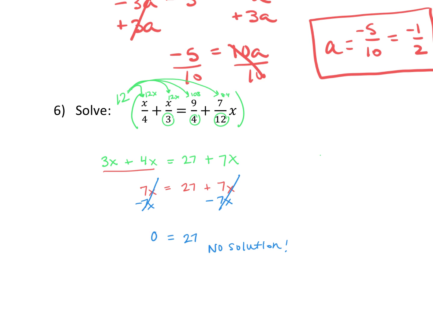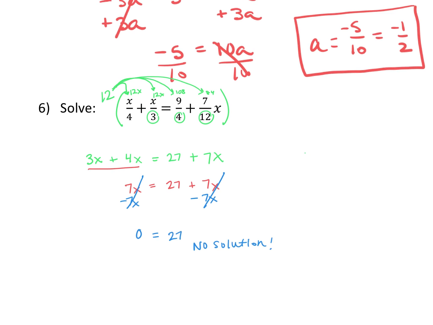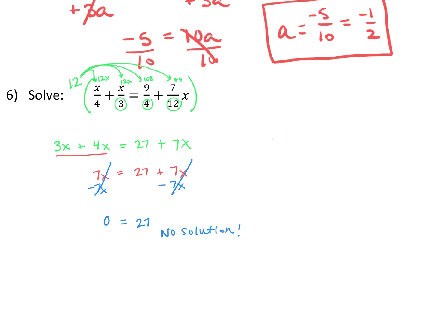Here's another no solution. I just want to make sure that we can see what an infinitely many solutions equation might look like. So I'm just going to grab the equation from right here. Let's say we had a 7x, but also a plus 27 on the left. And on the right, we had that 27 plus 7x. Now, again, I'm making this up.